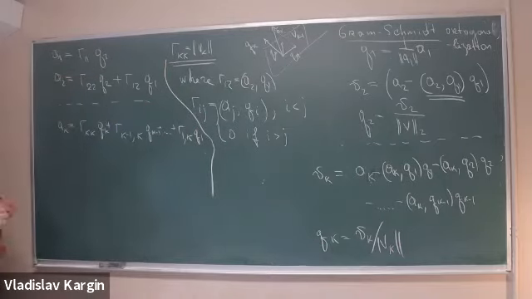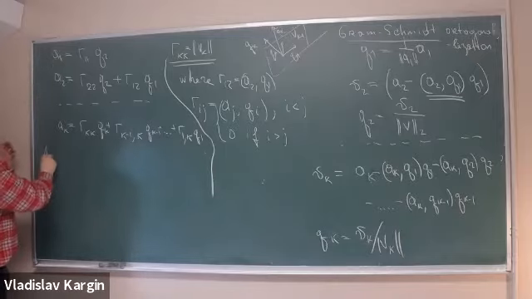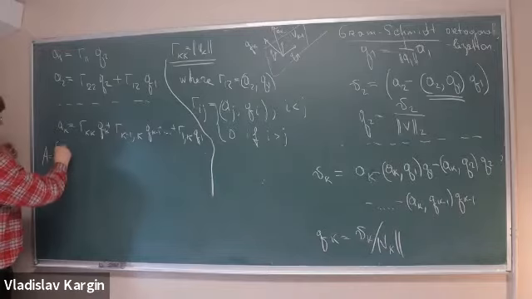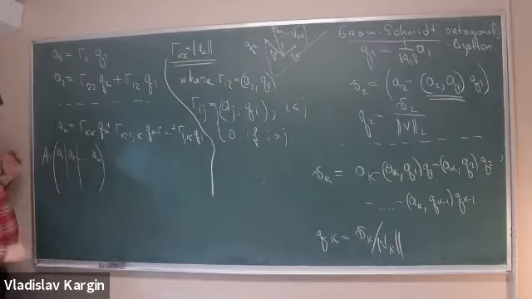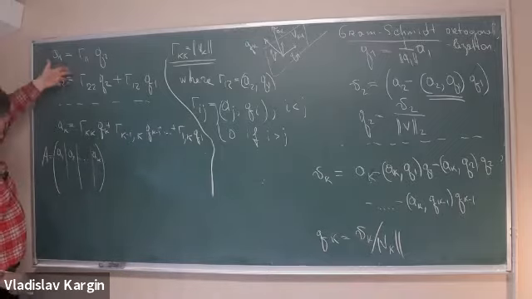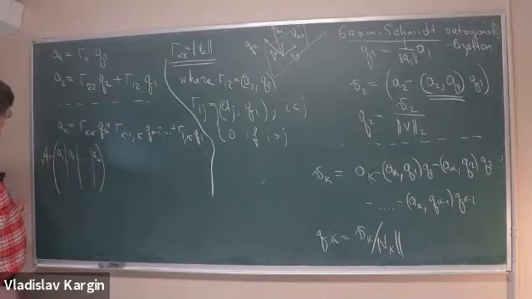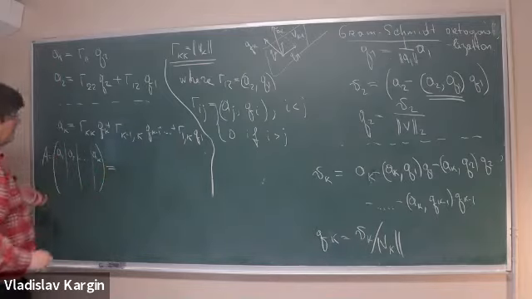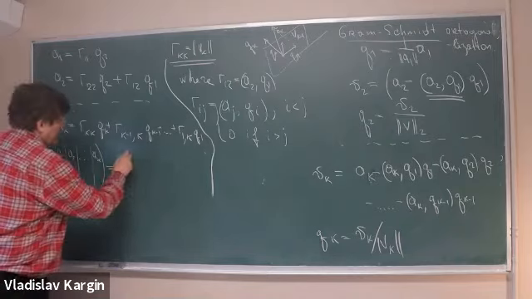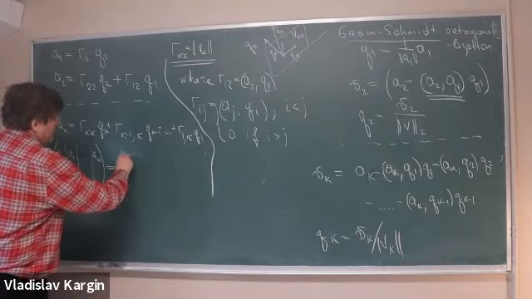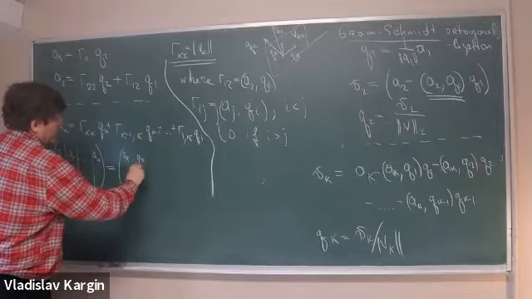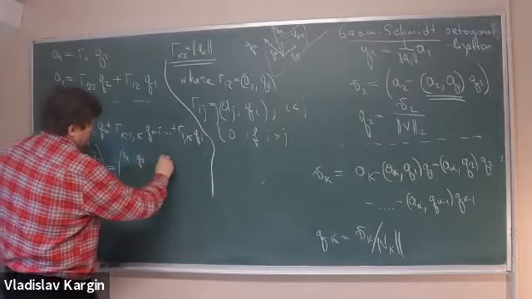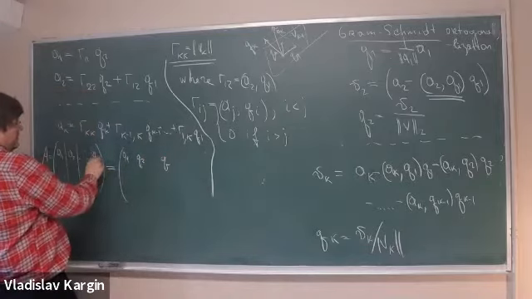So this is a general form, and what I claim is that if you have a matrix A which has columns A1, A2, and so on, AK, then it is equal to the matrix Q with the columns Q1, Q2, and so on up until Qn.